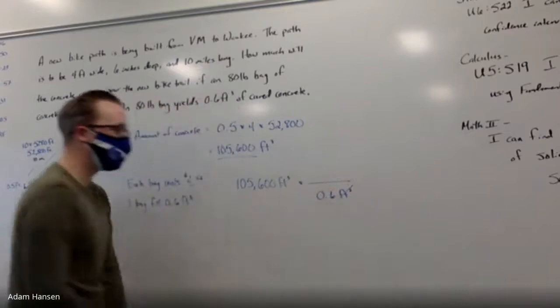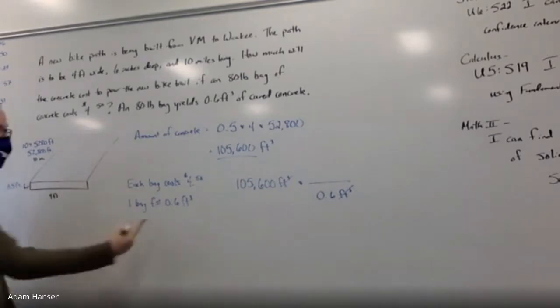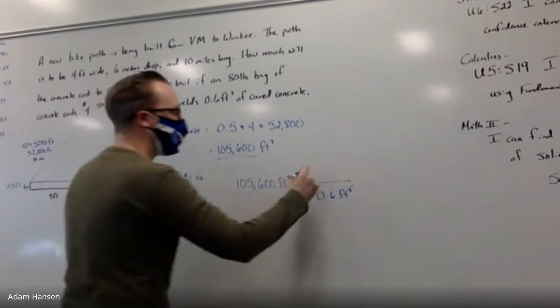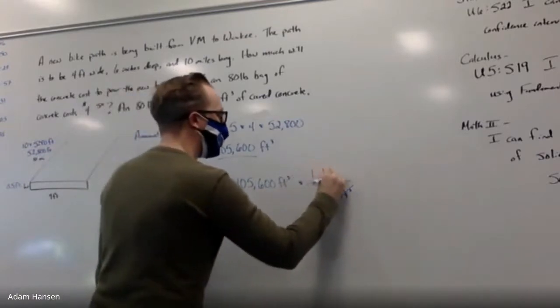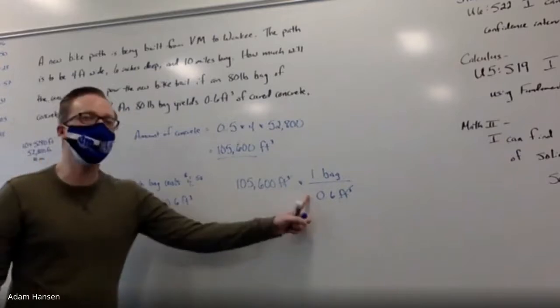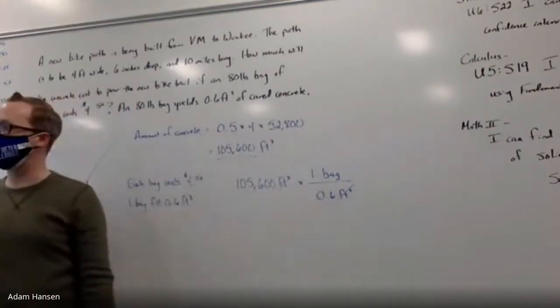Because when I multiply and divide by the same thing, don't they just cancel out? 0.6 cubic feet equals 1 bag of concrete. So the product of these two should tell me the number of bags I have to buy.